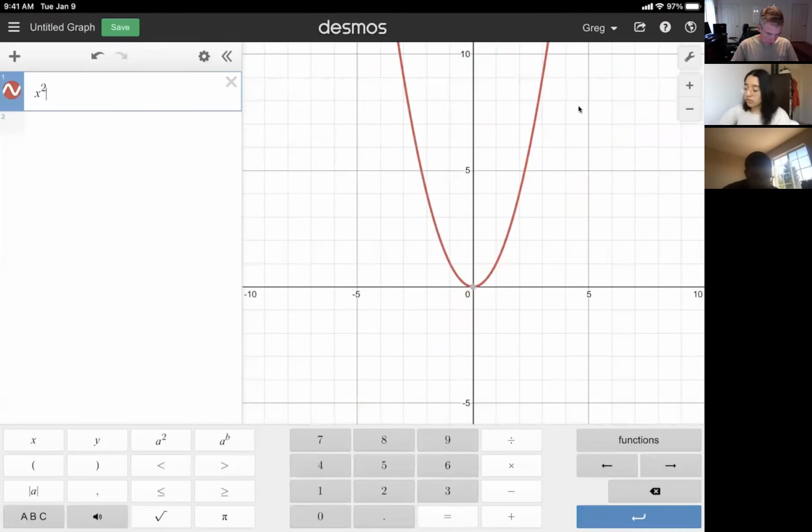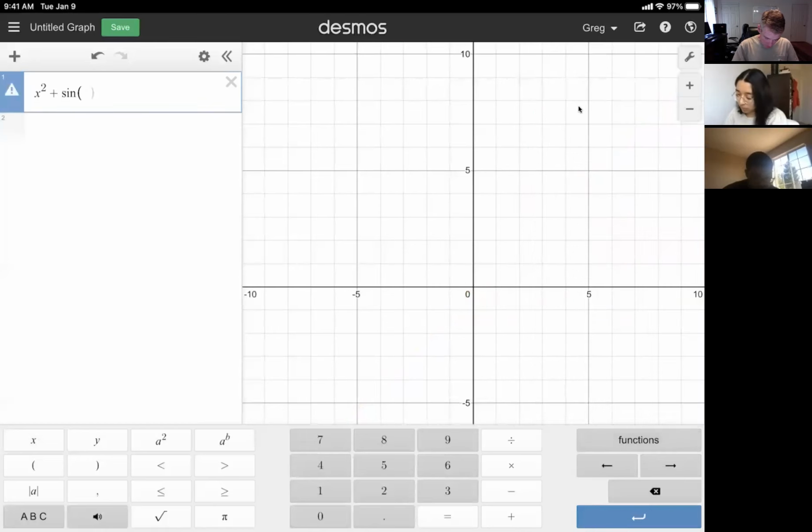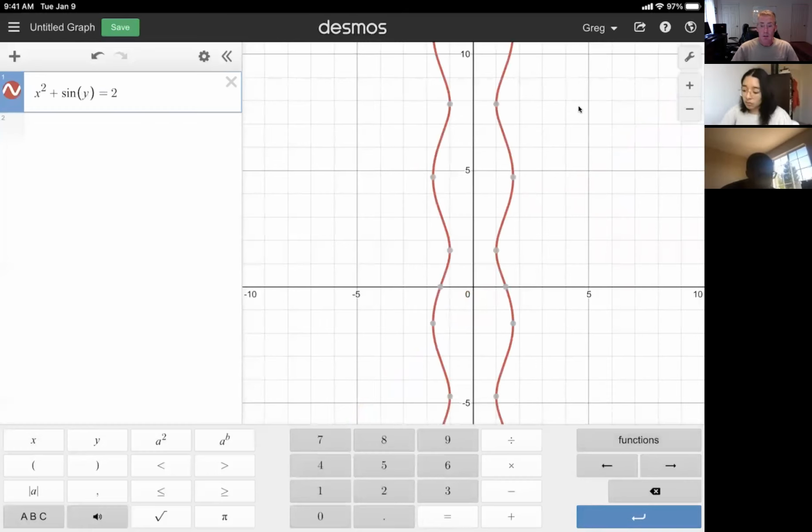There we go. So x squared plus sine of y, and then it equals 2. Whoa, I did not expect that. Sort of an hourglass shape that's repeated over and over.